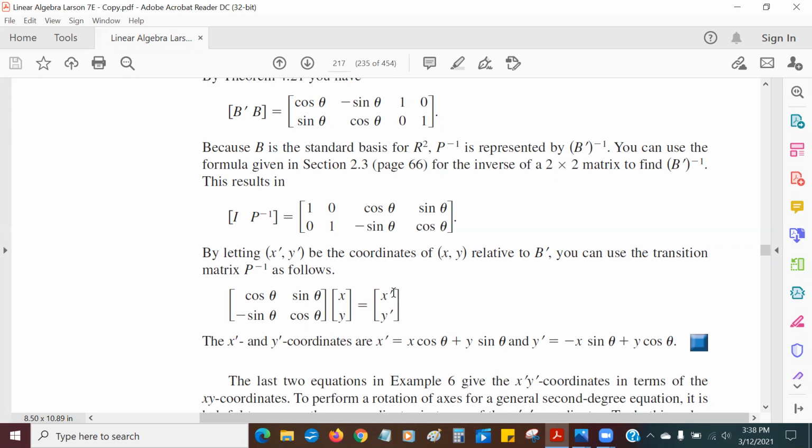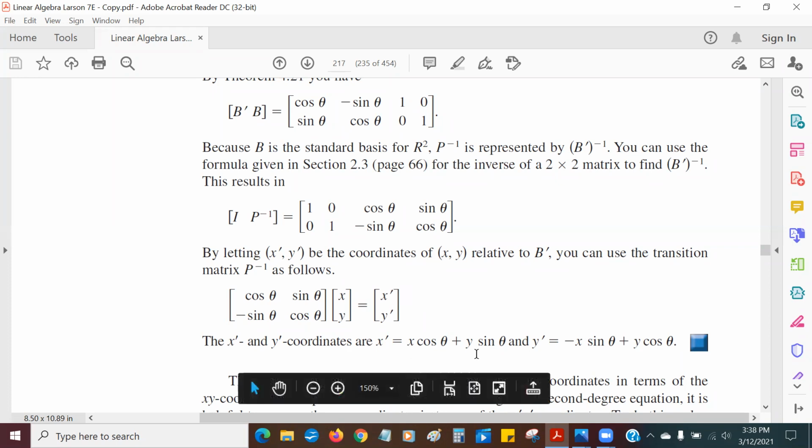Just by multiplying it out, x prime is going to equal x cosine theta plus y sine theta, because that's what I get multiplying this row by that column. And y prime is going to be this bottom row times that only column, so it's going to be negative x sine theta plus y cosine theta.